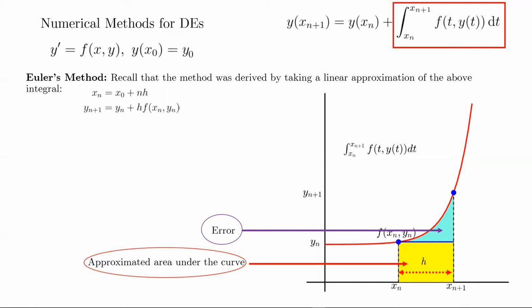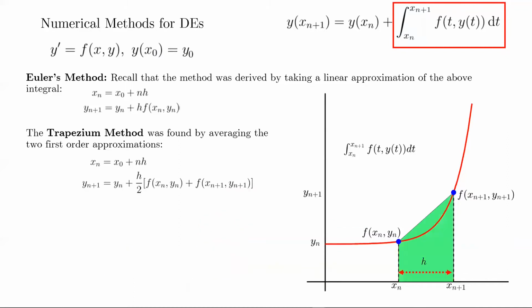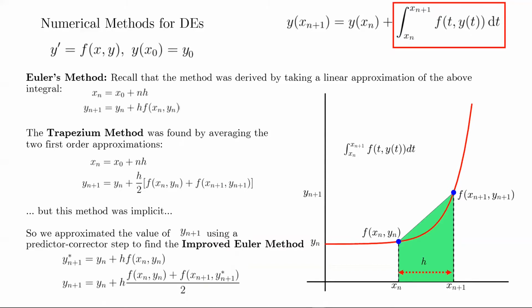And then secondly, we said, well, what if we calculate the area of this small box and a larger box and take the average area in there, and we formed something called the trapezium method. But that method turns out to be implicit. So we created a predictor-corrector method, which we call the improved Euler method.